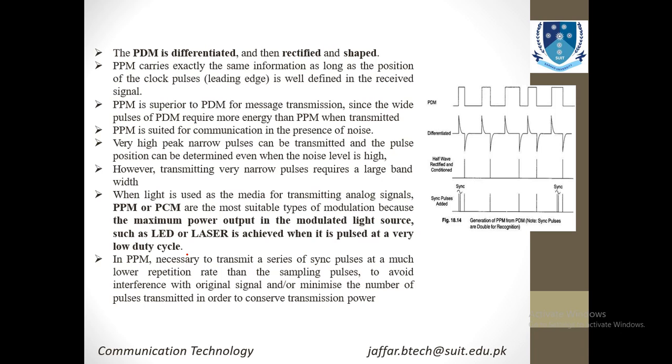Last point is that in PPM it is necessary to transmit a series of sync pulses at a much lower repetition rate than the sampling pulses. This is done to avoid the original signal having any interference with any other signals, or to minimize the number of pulses required to transmit it in order to conserve the transmission power.